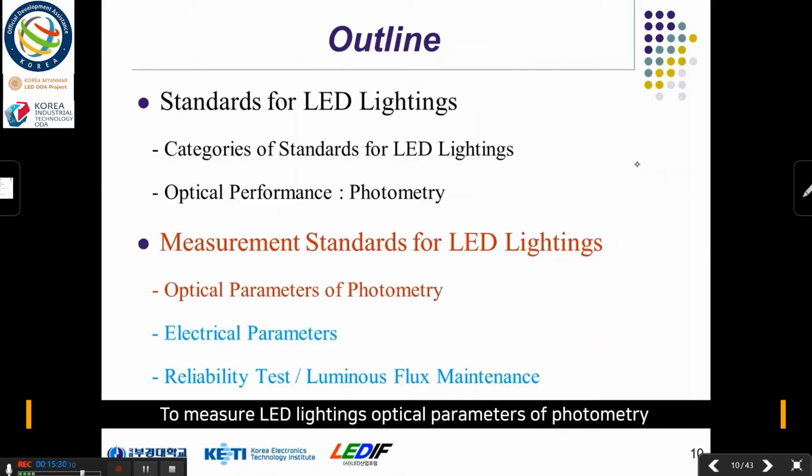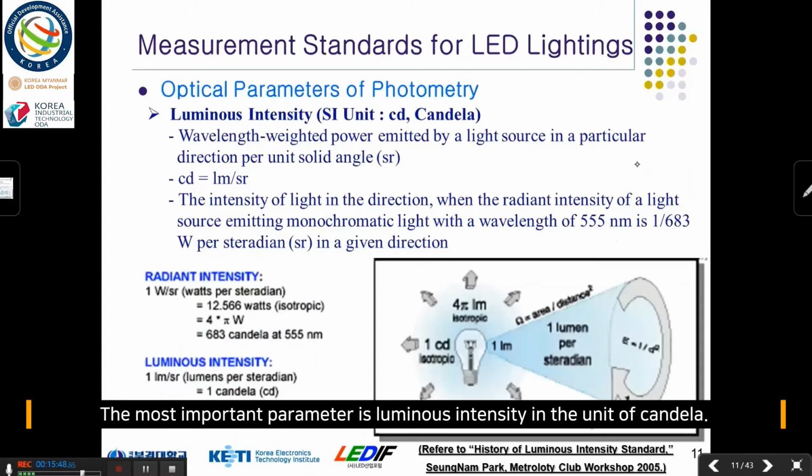To measure LED lightings, the optical parameters of photometry are very important. So I will review the parameters of photometry. The most important parameter is luminous intensity in the unit of candela. As I explained, luminous intensity means wavelength weighted power emitted by a light source in a particular direction per unit solid angle. So candela is lumen per steradian.